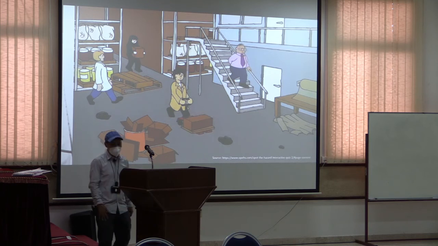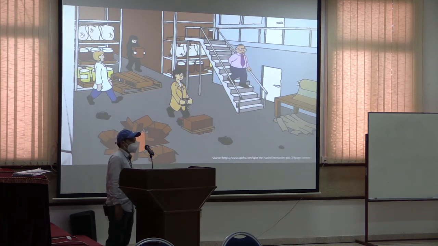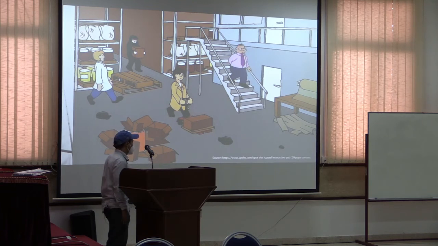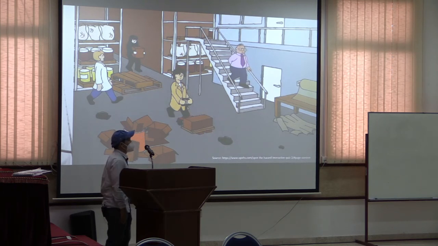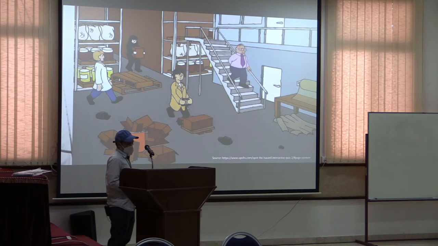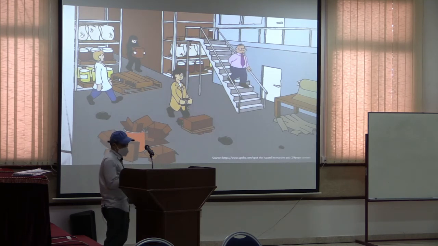What you can do on that paper is probably encircle the hazards that you are able to identify. I'll give you a minute or two, and then we will walk through all those hazards that we have identified, and maybe you can also pinpoint if I missed anything in the picture.